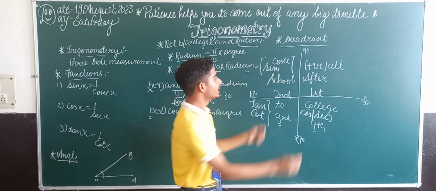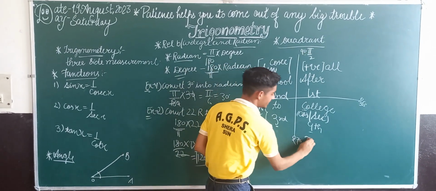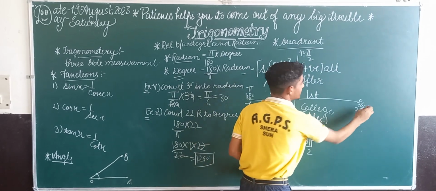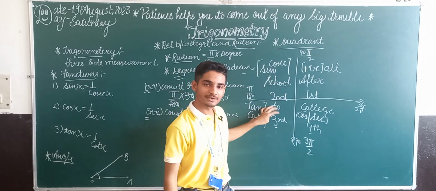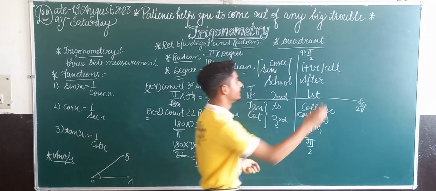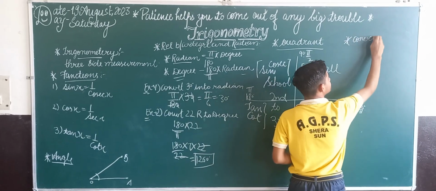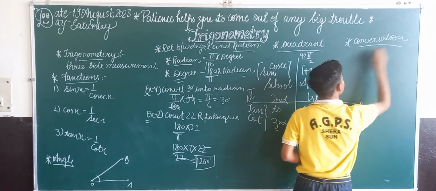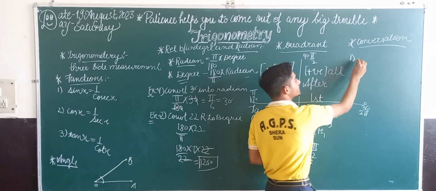This is 0, this is pi by 2, this is pi, this is 3 pi by 2 and this is 2 pi. Now talking about the conversion of the trigonometric function according to the quadrant. Firstly, talking about sine and cos.